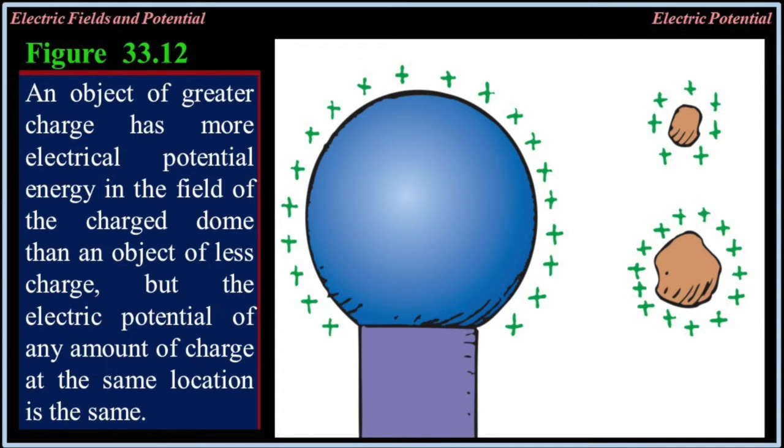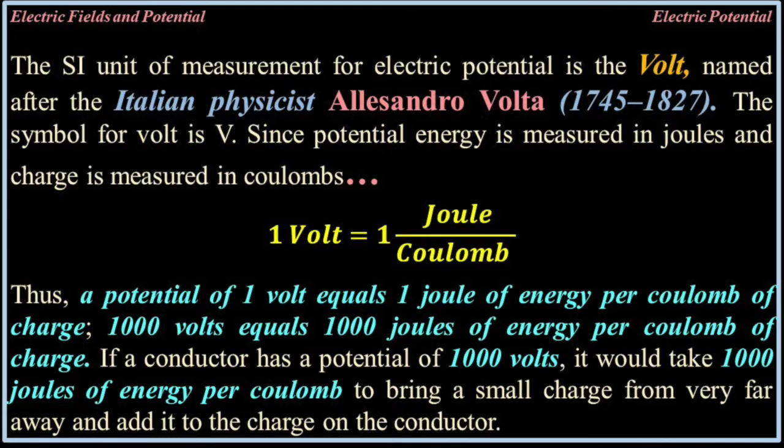Figure 33.12. An object of greater charge has more potential energy in the field of a charged dome than an object of less charge, but the electric potential of any amount of charge at the same location is the same.